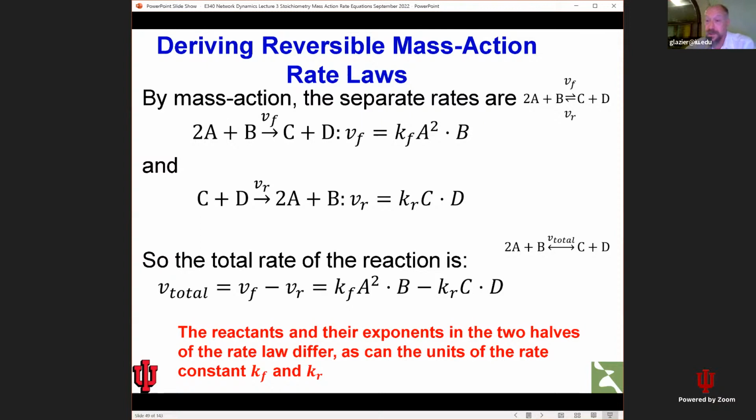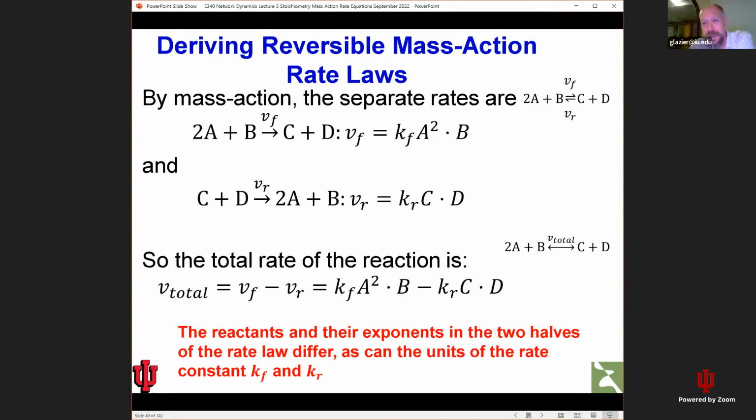I can ask a question about the ratio of them, but notice the ratio of K forward and K reverse has units of moles. This is not something you want. You want these to be dimensionless. And so it means that comparing rates is hard because the rates have units.